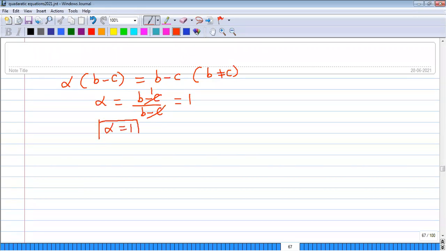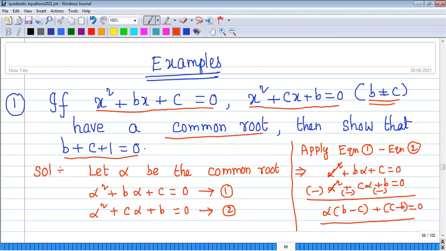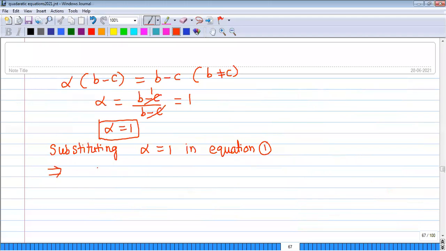Substitute alpha equal to 1 in the first equation or the second equation. Substituting alpha equal to 1 in equation 1: 1 square plus b into 1 plus c equals 0.